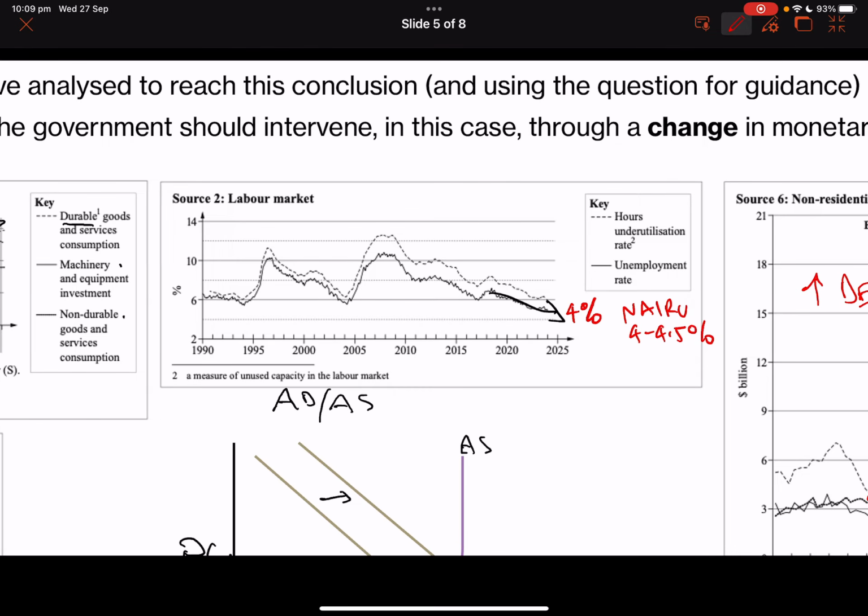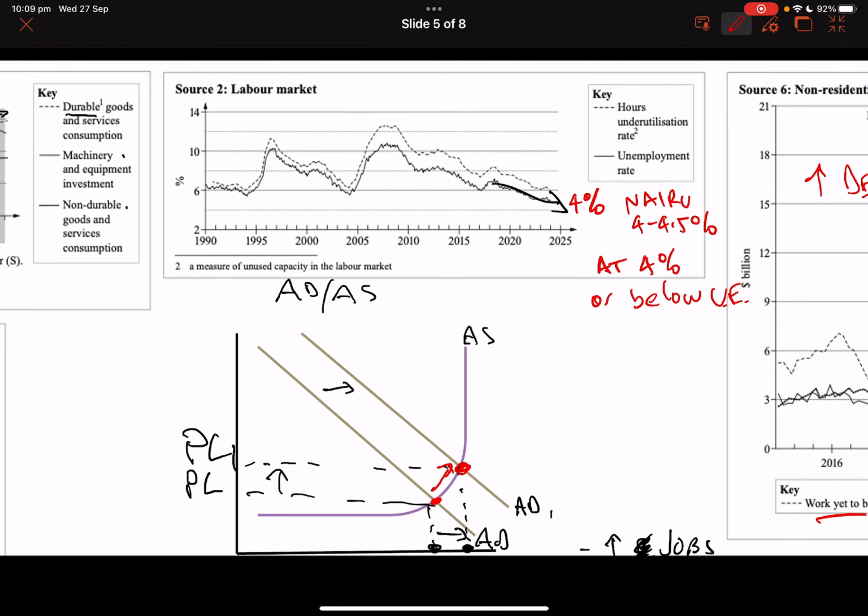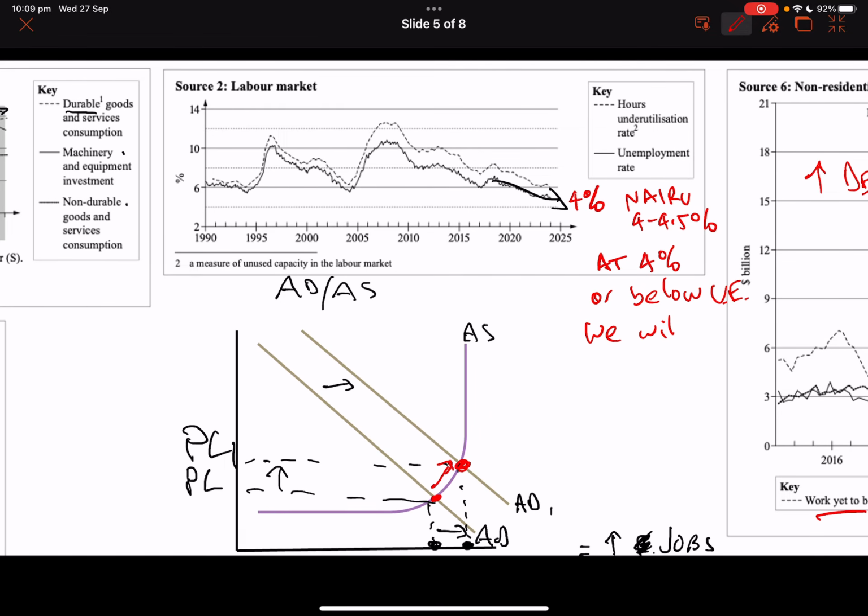So when we think about that, at 4.5% or below for unemployment, theory tells us we will see inflation. Wages start rising, cost push inflation. So at the NAIRU, we will see inflation.